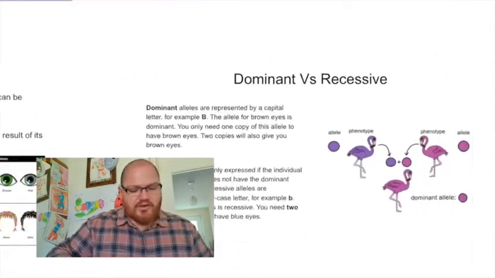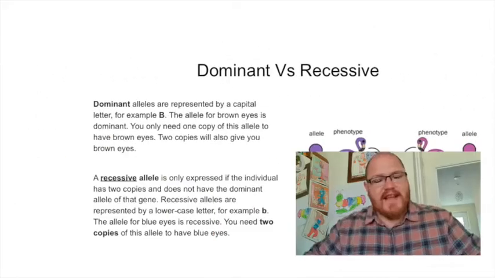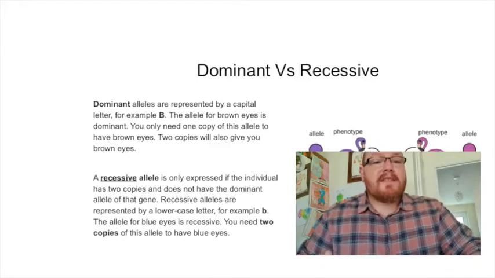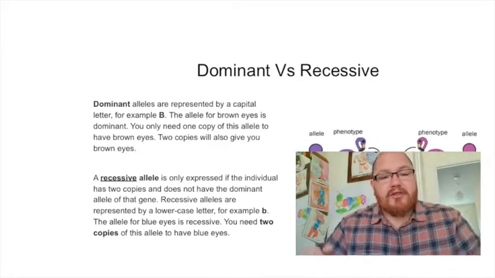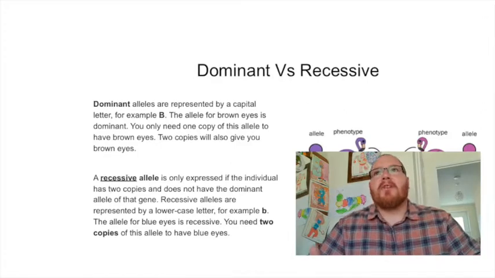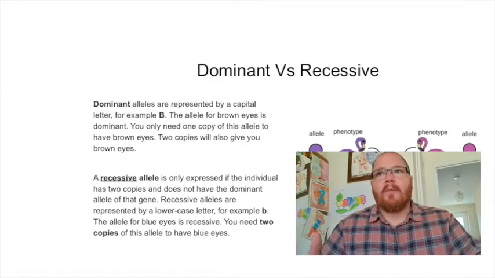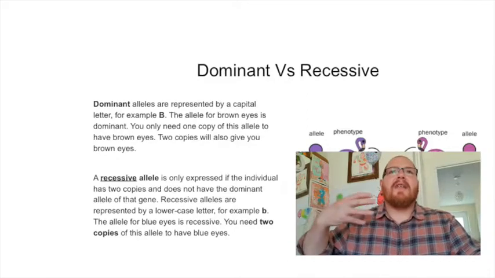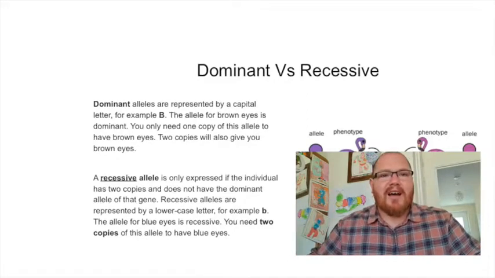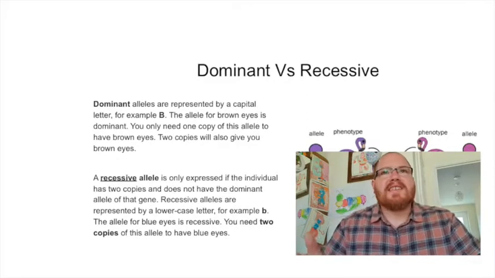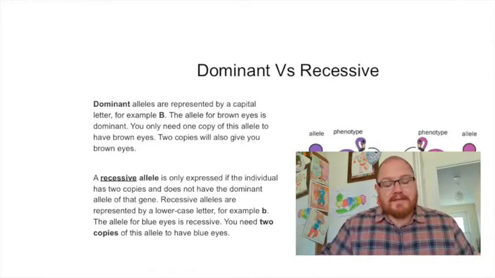Okay, let's push on. Then we've got dominant versus recessive. Dominant is probably a word you're familiar with. If you're dominant over something, it means that you're the one that's going to have your way. If I'm dominant in an argument, then it means that I'm winning that argument. Recessive is the opposite to dominant.